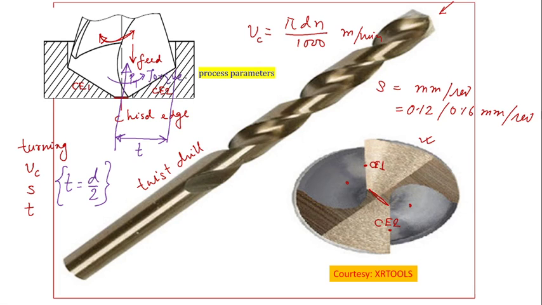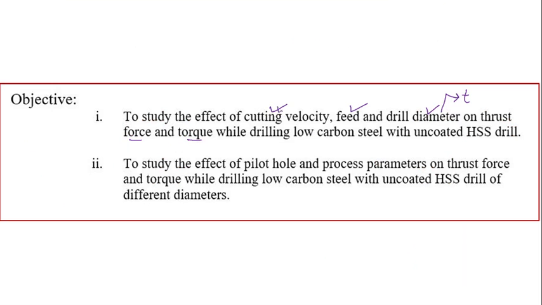So we are going to study the effect of cutting velocity, feed and diameter of the drill on thrust force and torque while drilling low carbon steel. It is a C40 steel, that is, carbon is 0.4%, using an uncoated HSS drill. This is objective number 1.